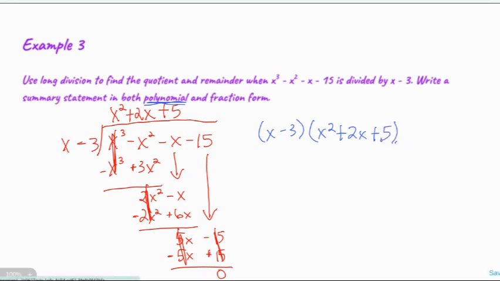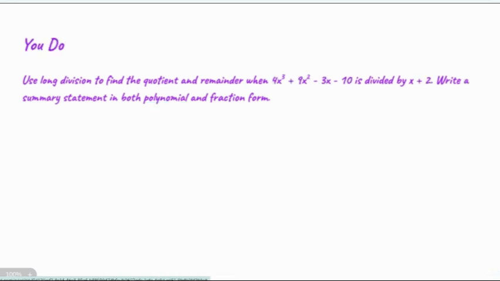There we go. And then we have fraction form, which will just be x squared plus 2x plus 5. All right, go ahead and give this one a chance.